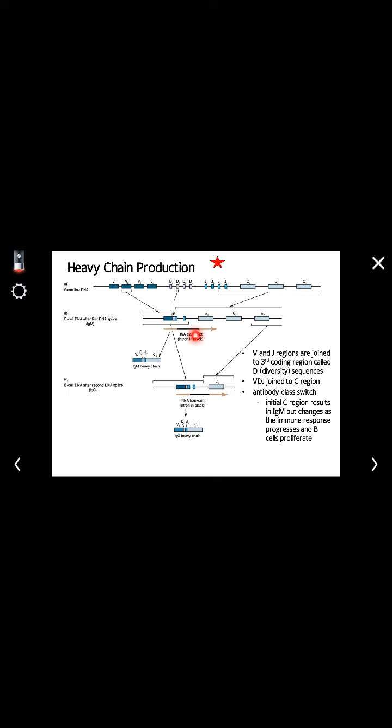You have another intron, and the intron gets spliced out. And they kicked out 4. Now you have V2, D2, J3, and C beta. It seems like that got cut out and that got cut out.